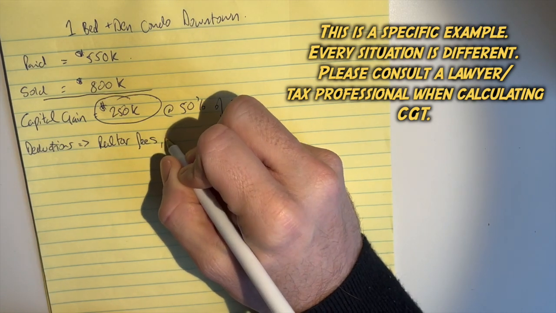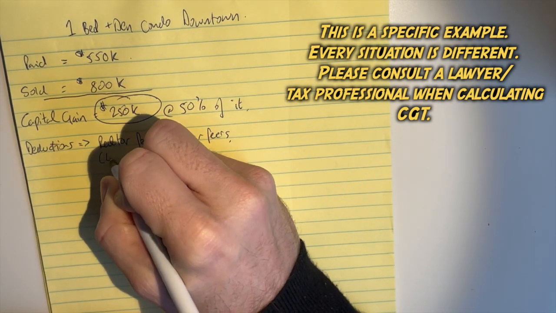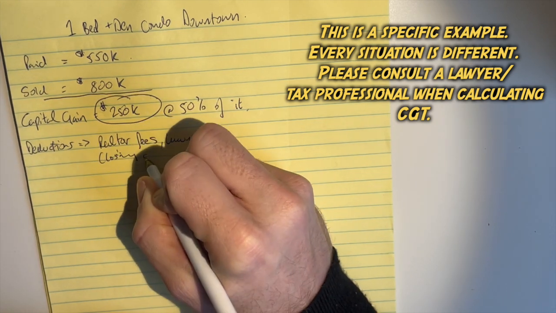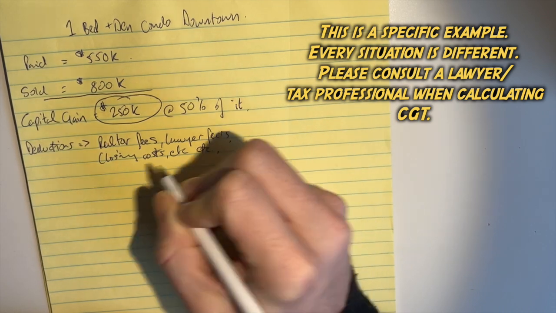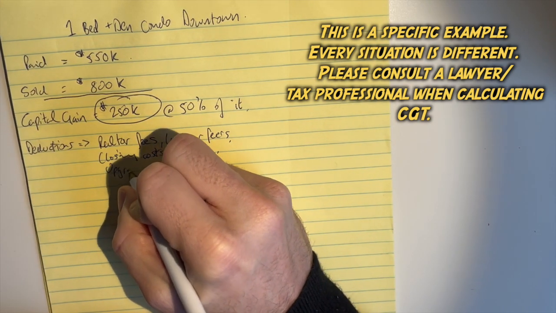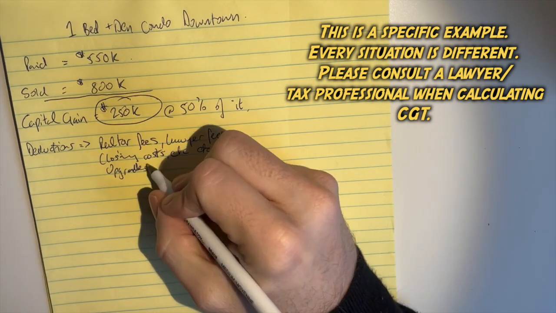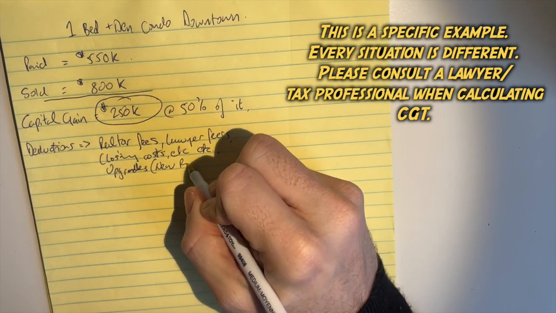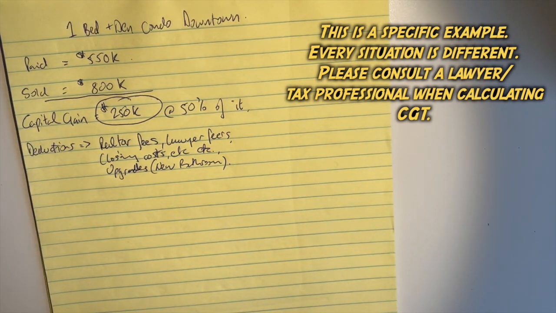So realtor fees, let's say there's lawyer fees on top of it. Then there are closing costs, etc. Maybe there were some upgrades, some renovations that you did that year to sell. So let's say, for example, there was a new bathroom, and it's a condo, so maybe the bathroom costs 10K.